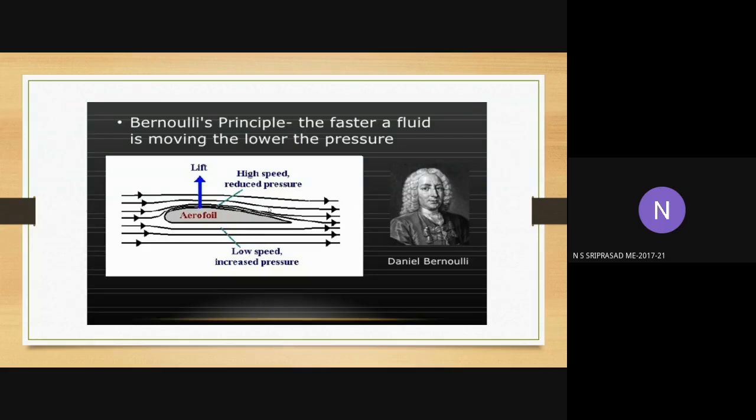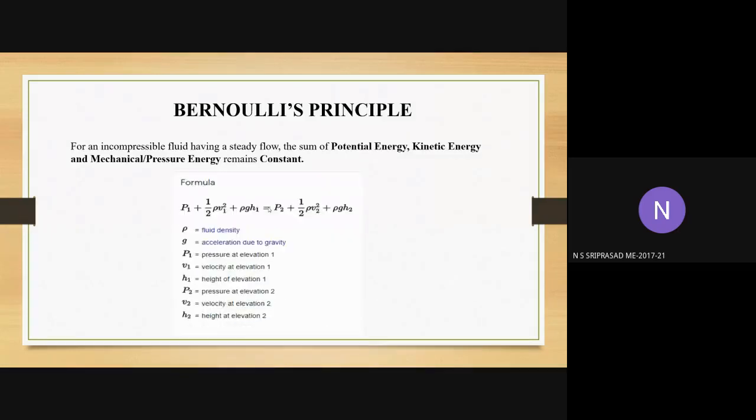This pressure is generated because Bernoulli's principle states that my left hand side and my right hand side should be equal, correct? Now, in this equation that you see, your left hand side is there, your right hand side is there. Imagine you're applying the left hand side to the upper part of the surface and the right hand side to the lower surface, right? We're omitting the potential energy.